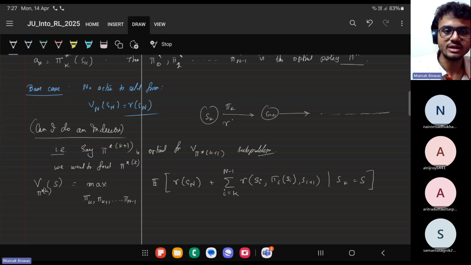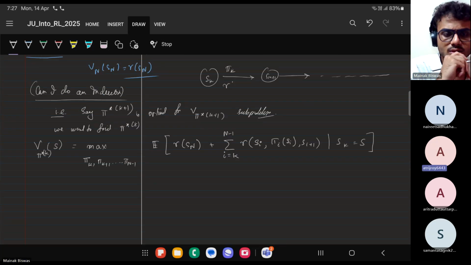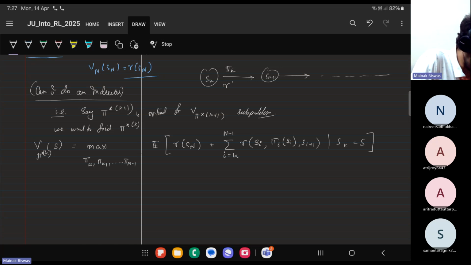So again, it is clear that maximize means, for each pi, pi k plus 1, for each we are maximizing. That's exactly what the problem is. So you want to find pi k star. What is pi k star? That is pi k star, pi k plus 1 star, pi k plus 2 star, and so on.